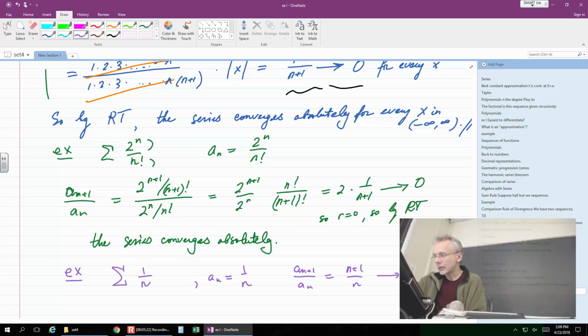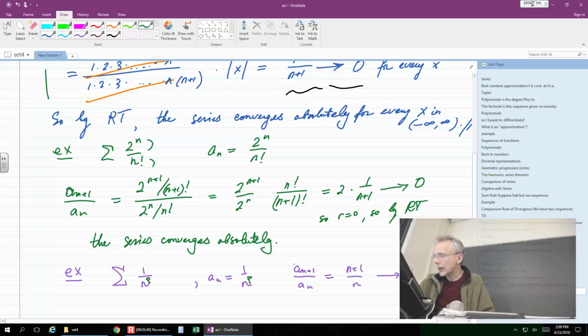Let me pick something else. Okay, let's pick something extreme. Square root. So all p-series, by the way, not power series, but p-series. Whatever power I add here, the test fails. I put p here.